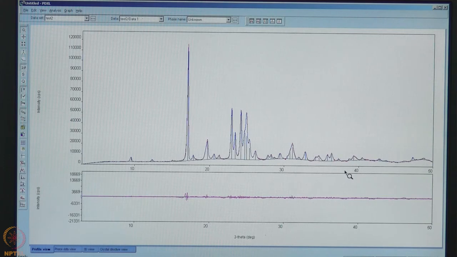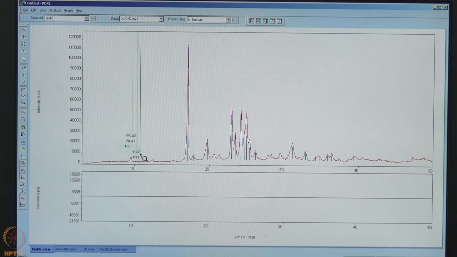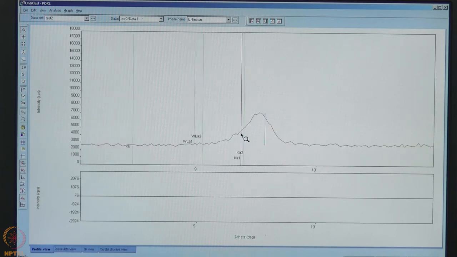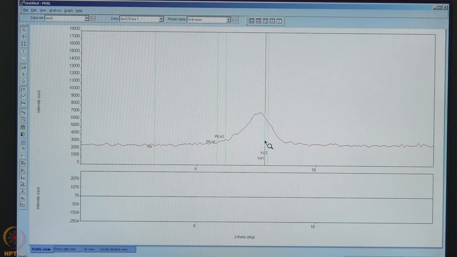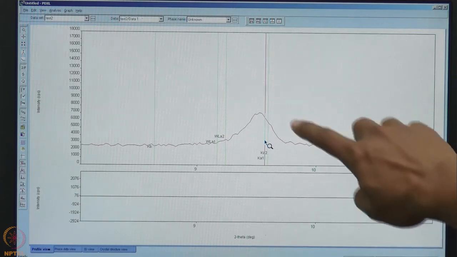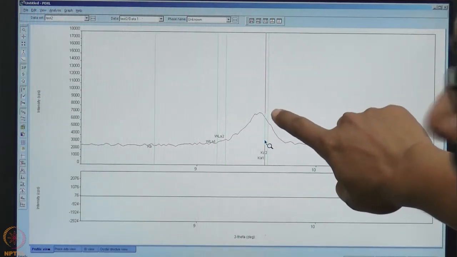powder X-ray diffraction data. Now what we have done is that we have removed the background, and what we are getting are the alpha 1 and alpha 2 peak positions that we can see. In this case, if we fix that particular point as alpha 1, then the green line which is coming next to it is the peak for K alpha 2.